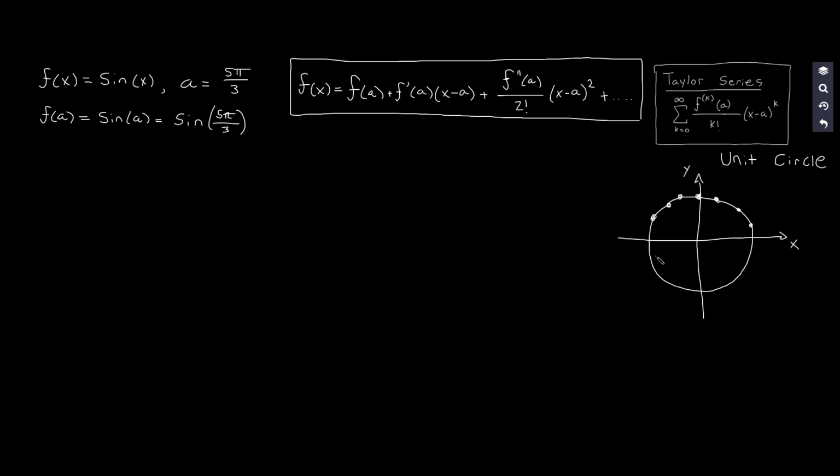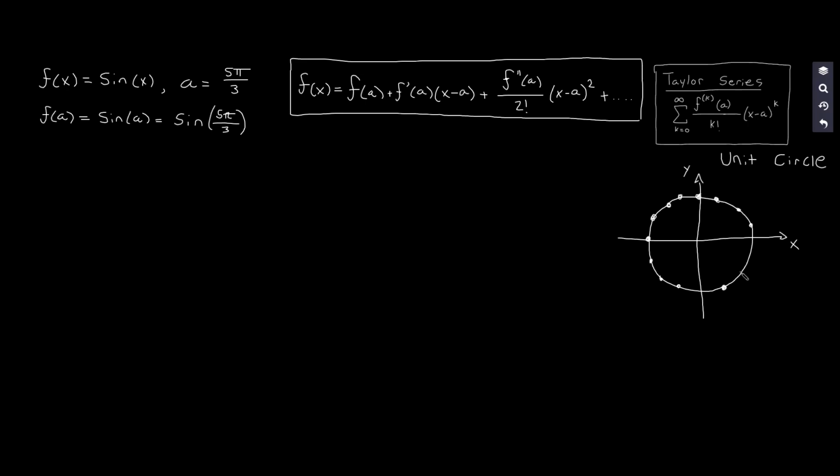Then over here, right here is 180, right? 180, and then we're gonna go to 210, 225, 240, and then right here, which is where we're interested in, this is gonna be 300 degrees, also known as 5 pi over 3 radians.